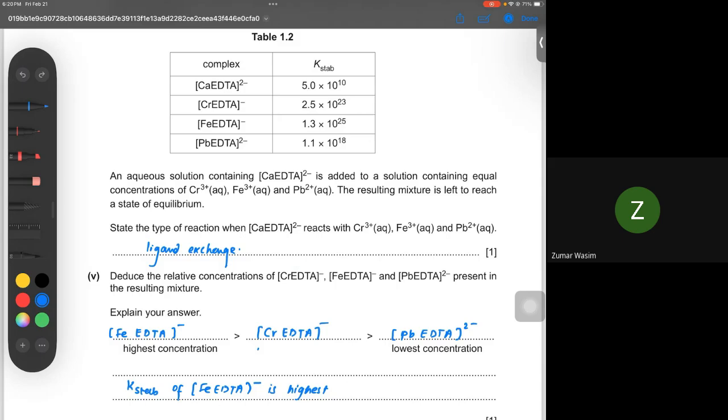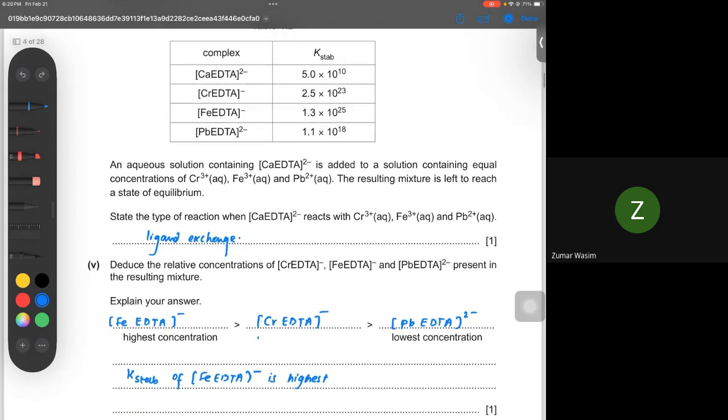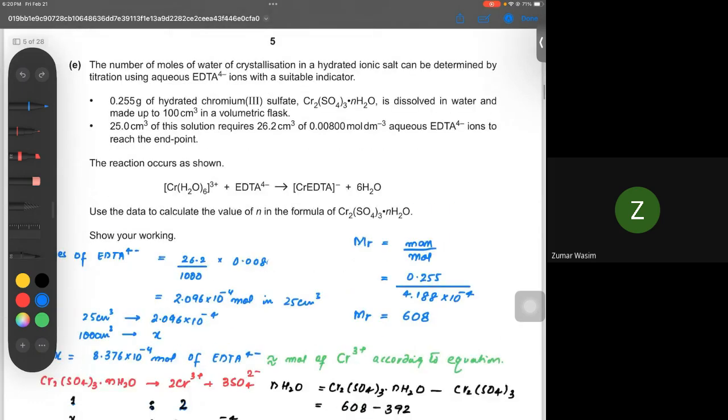The K stab value decides whether the compound is stable, and whether it has the highest concentration or not. Higher the value of K stab, more stable would be the complex. Lower the value of K stab, less stable would be the complex.